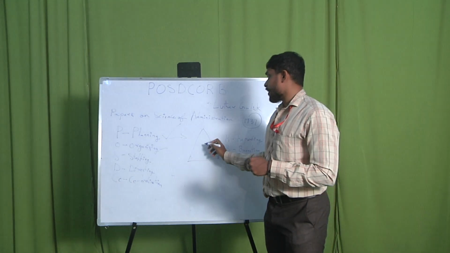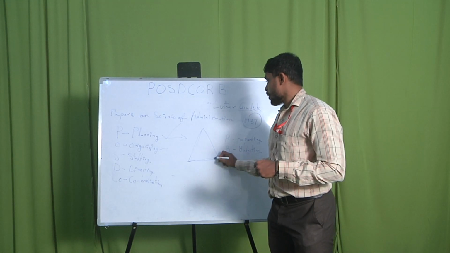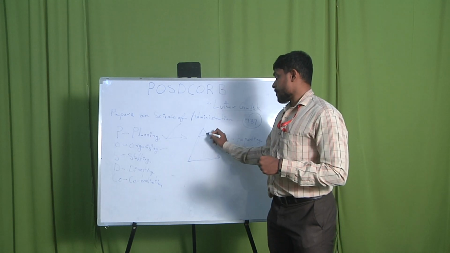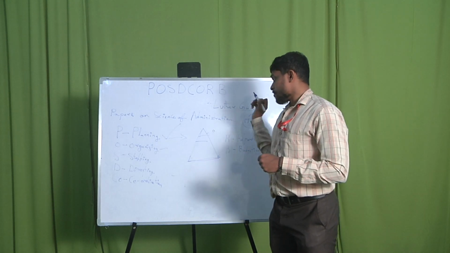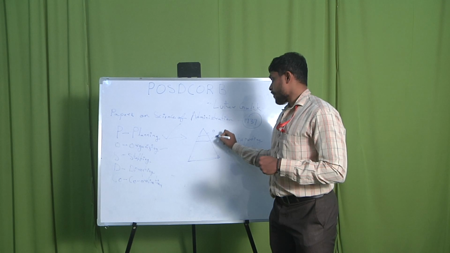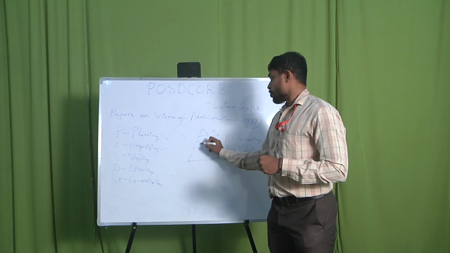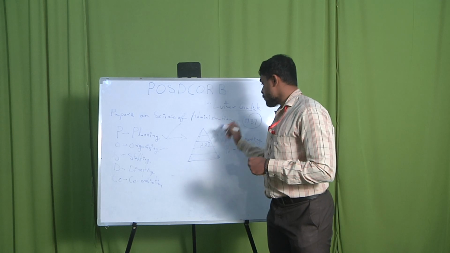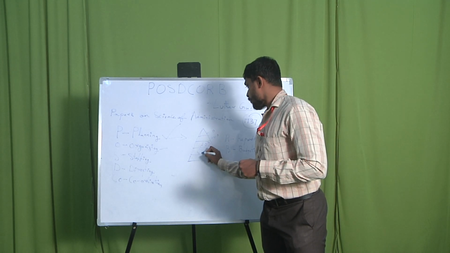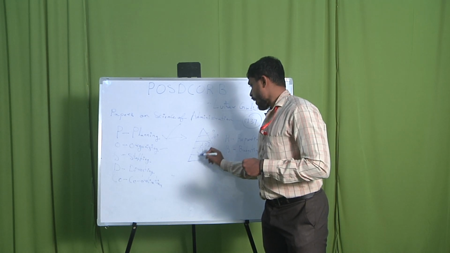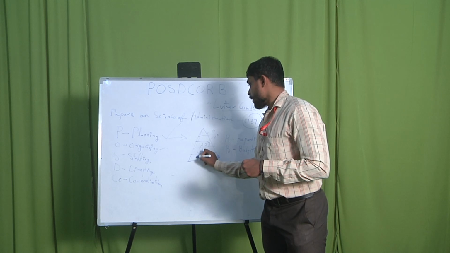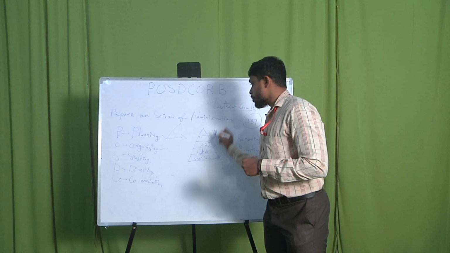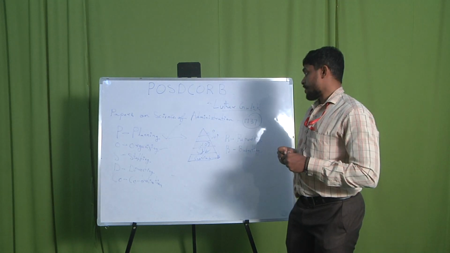For example, in an educational institution, first comes the principal, next the vice principal, next the HODs, and then the staff, and the other supporting staff. That is the formal structure of an organization.